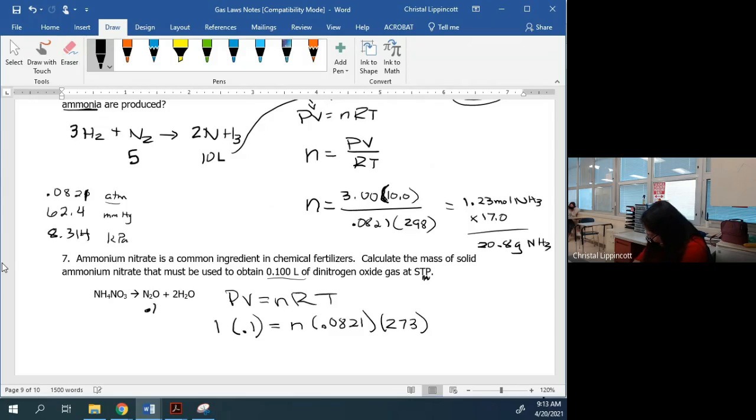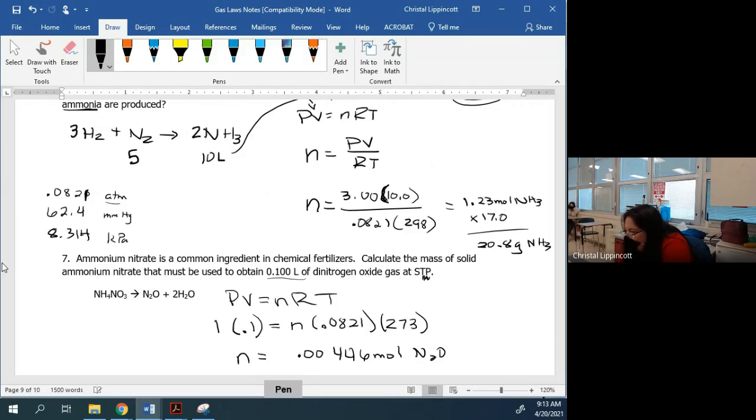So 0.1 divided by 0.0821 times 273 equals, my n value here is going to equal 0.00446 moles of N2O.